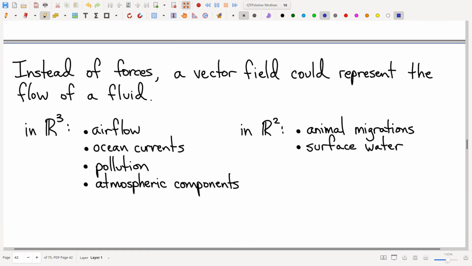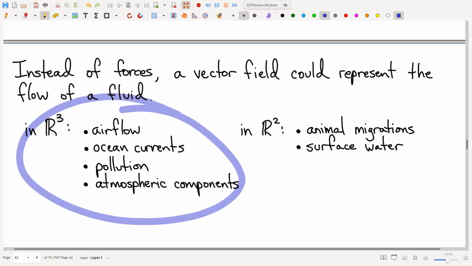there's a lot of fluids that we want to be able to keep track of and describe, and therefore hopefully be able to do some math with. Maybe solve some problems in relation to. And so here's a bunch of different three-dimensional fluids. They're all different fluids. Things you might want to keep track of, and vector fields are a great way to do that.